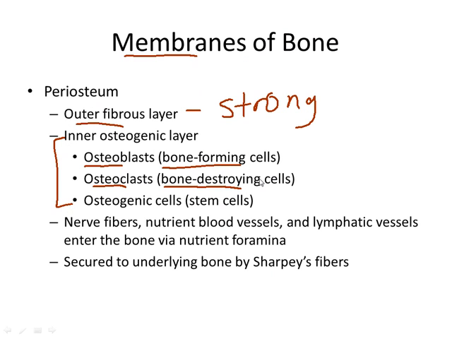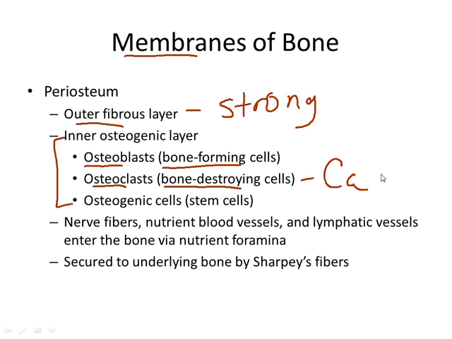Now we can all figure out why you would need osteoblasts, because you're always repairing your bone. You break a bone, you're remodeling your bone, you're growing. We know why we need osteoblasts. Why do you think you might need osteoclasts? Why would you want to break down your bone? To get the calcium out. That's how we release the calcium. By breaking down the bone, we're able to release calcium.